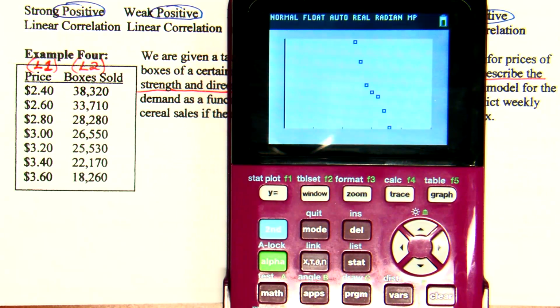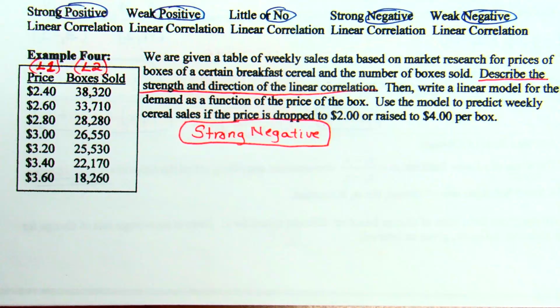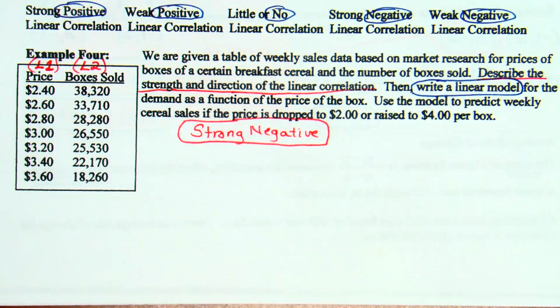Okay, so stat. We got that, right? Now this time, instead of just hitting enter and going into edit, arrow over to calc. Start scanning that menu. What do you see? LinReg, linear regression.